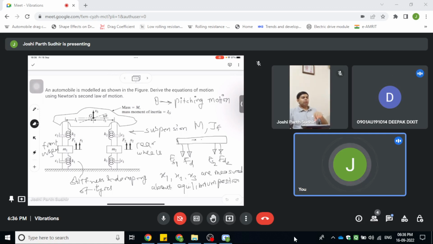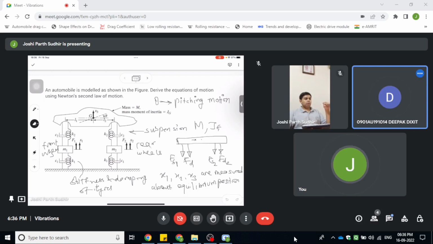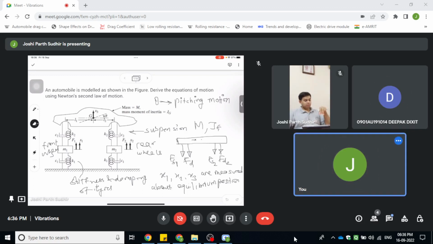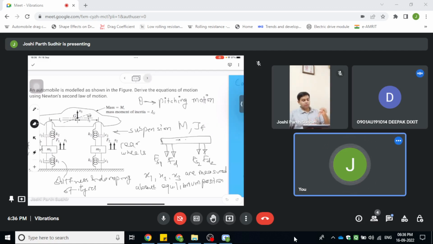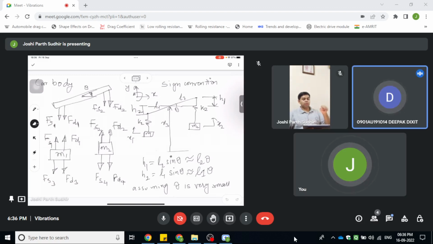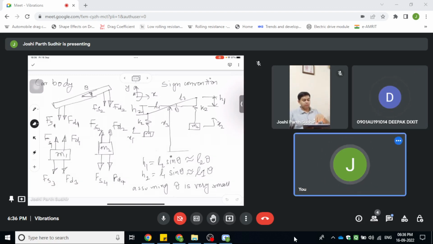The masses M1 and M2 represent the mass of the wheels, and the spring and damper K1 and C1 represent the stiffness and damping of the tires. So we have front wheels and rear wheels separately in this model. We are representing the car body as a horizontal bar which can do up and down motion as well as rotate.